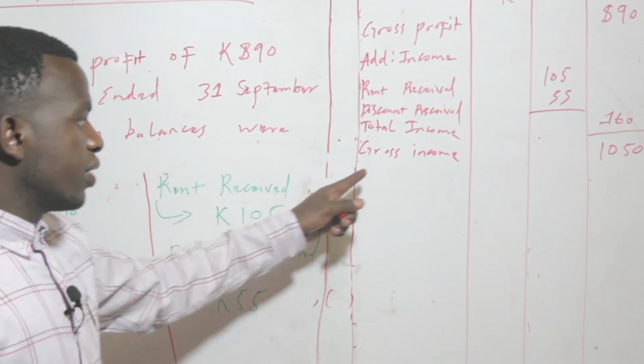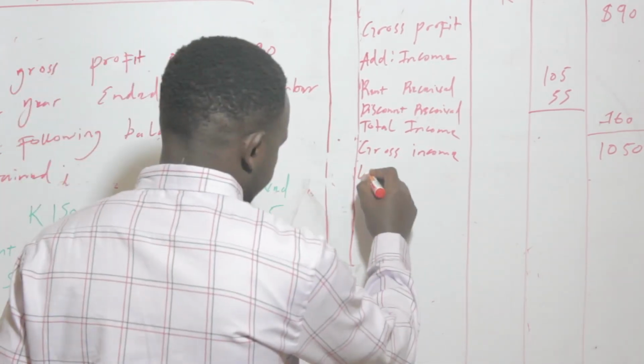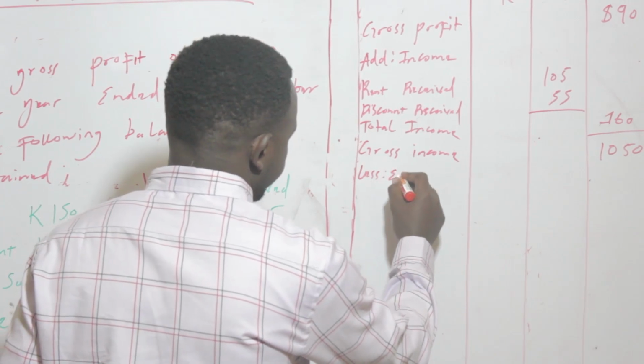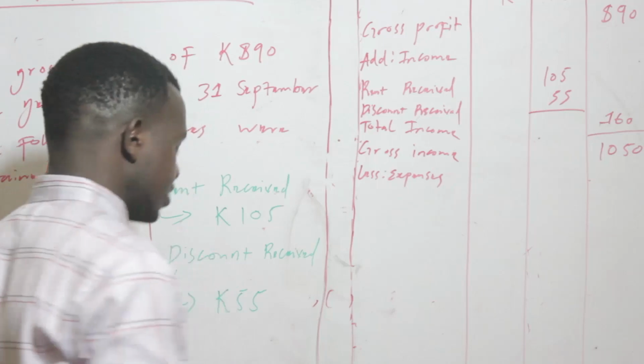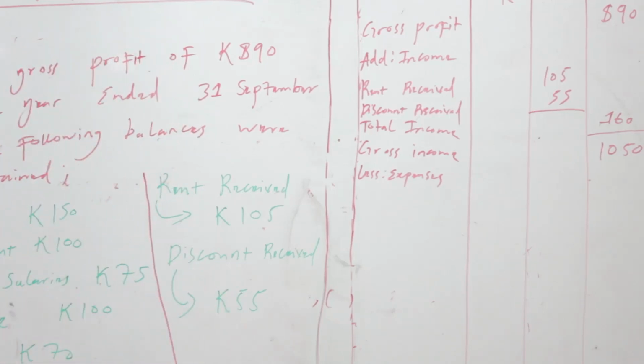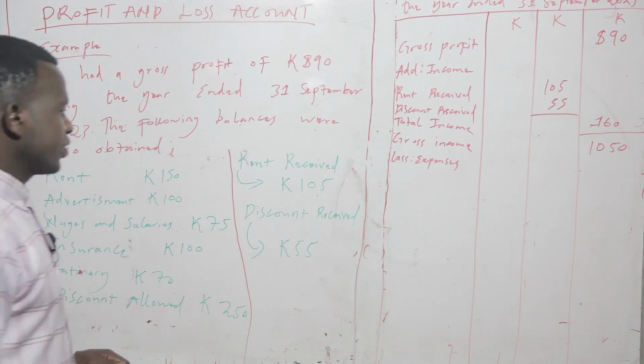Since we have calculated our gross income, we can say less expenses. So we have to identify our expenses in the question. Identifying the expenses in the question, we have rent, advertisement, wages and salaries, insurance, stationery, discount allowed.